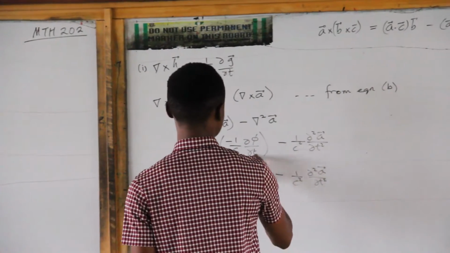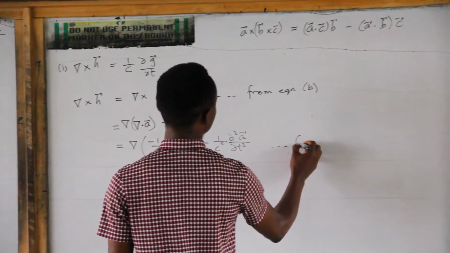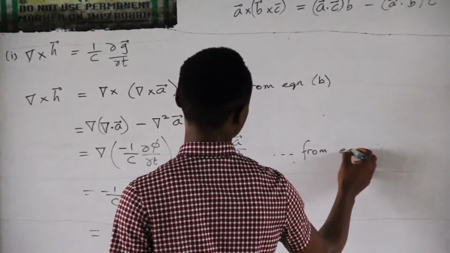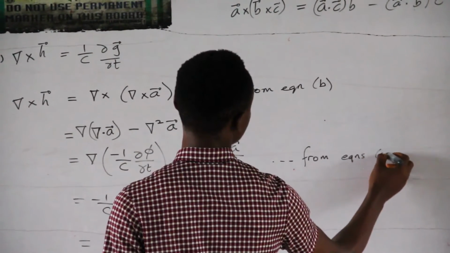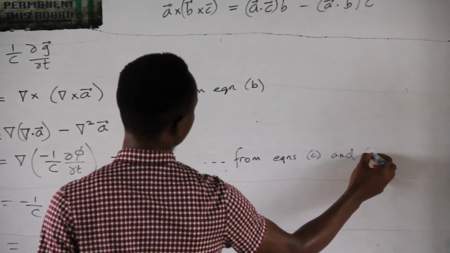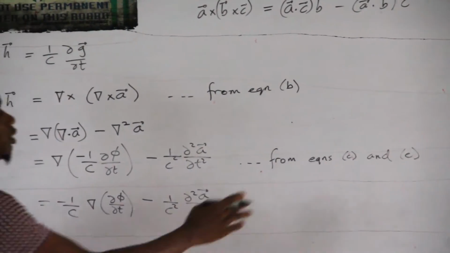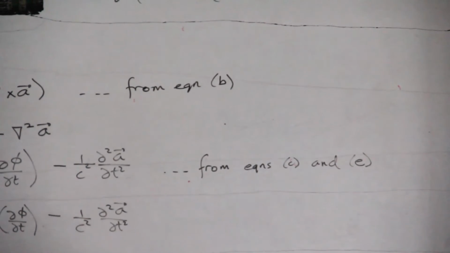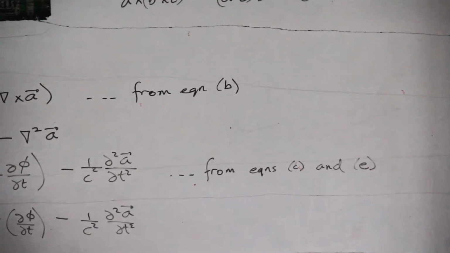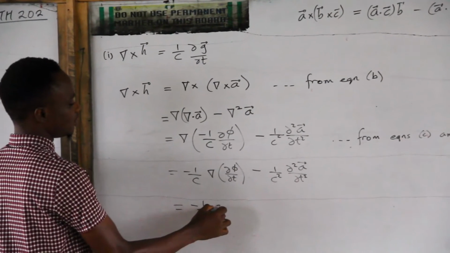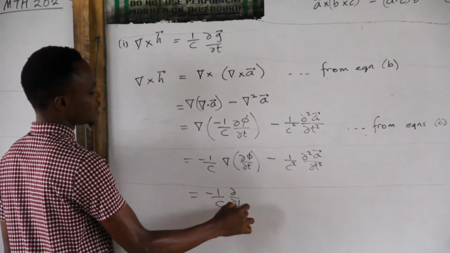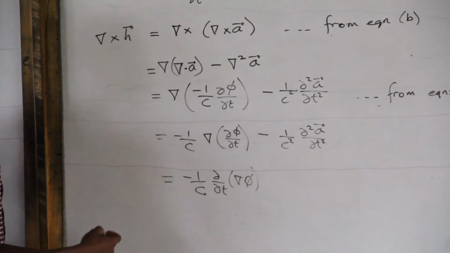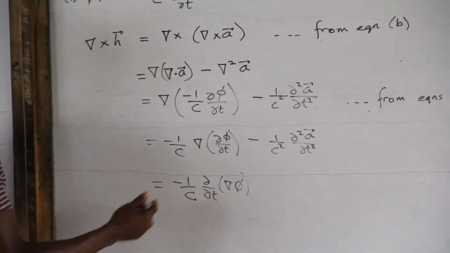This is from equations c and e. Alright. So I can move this out. I'm going to write it as minus 1 over c del t of nabla phi. Does it make sense to you? Do you understand that? Alright, so I can write it this way.